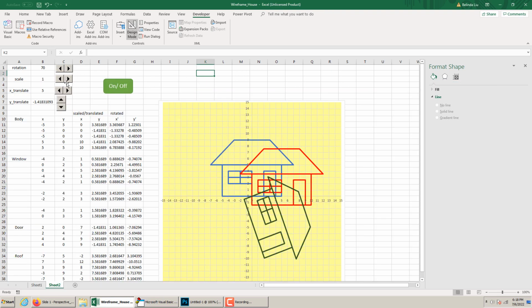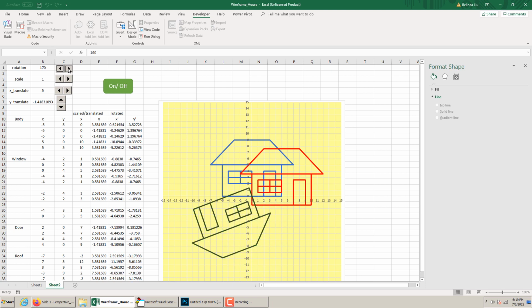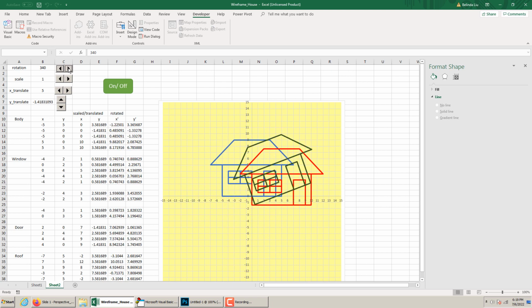Before, it was limiting the rotation between 0 and 35, because we multiply by 10, between 0 and 360. So now exit design mode, we can use the button. Check this out. We are at 340, 350. Click again, goes to 0.